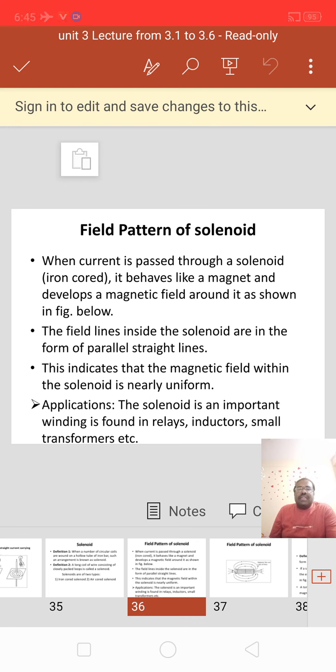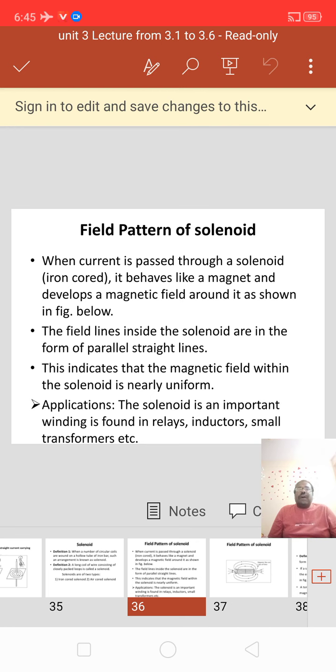The field patterns inside the solenoid are in the form of parallel straight lines. This indicates that the magnetic field within the solenoid is nearly uniform. The solenoid is an important winding found in relays, inductors, small transformers, etc.